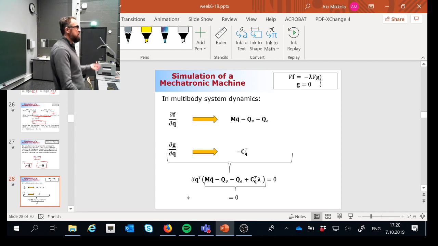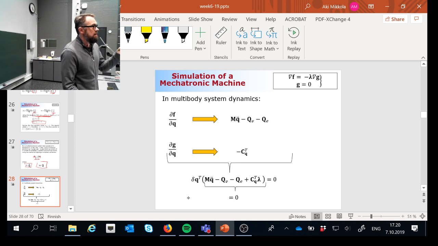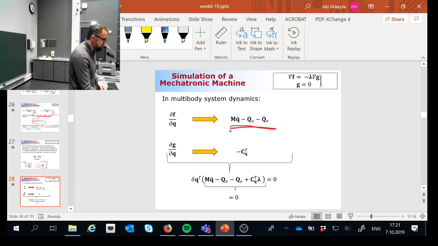The original function differentiated with respect to our variables gives generalized forces, that is, generalized inertial forces and generalized externally applied forces, and it can be written as shown here. My constraints differentiated with respect to my variables: what is that?